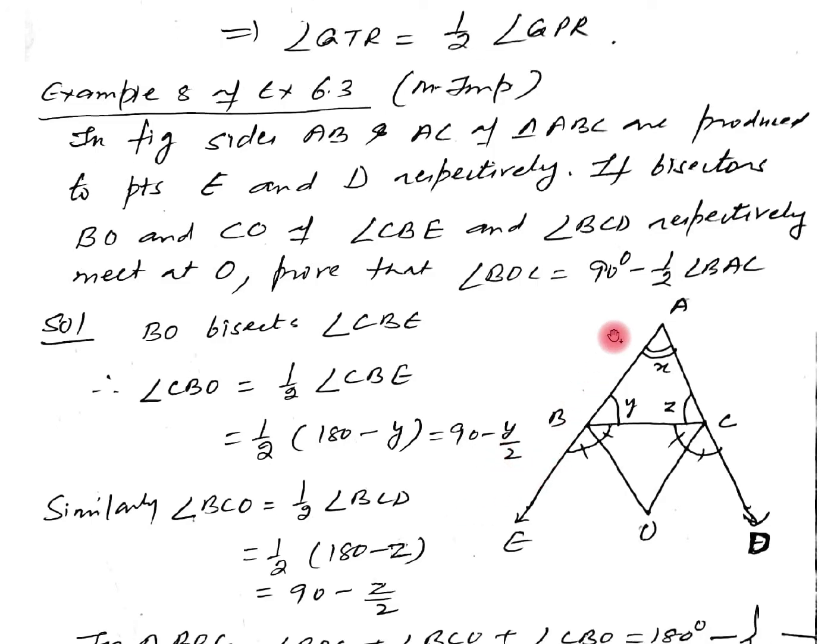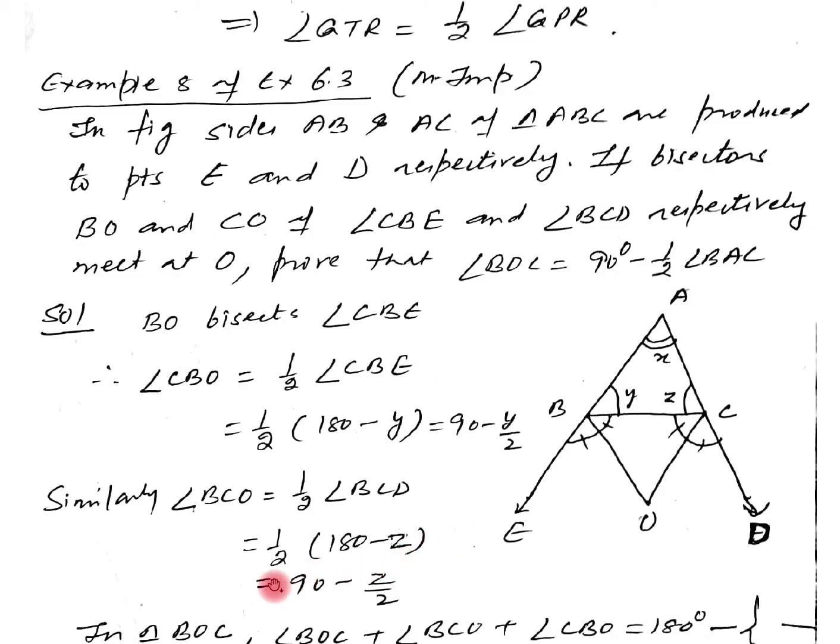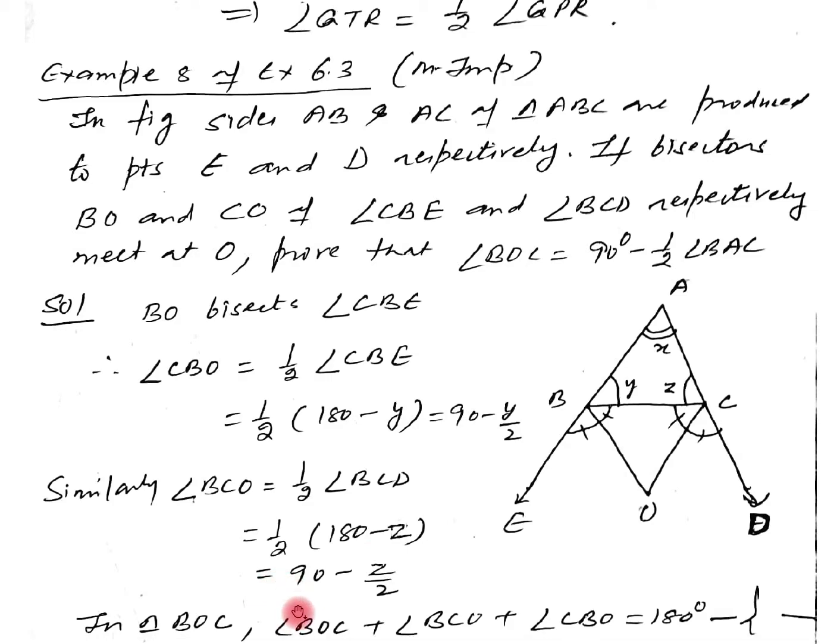Then similarly on this side, angle BCO equals half angle BCD. Then applying the same, the sum of these two angles should be 180 degrees. It is a linear pair. So I can write angle BCO equals half angle BCD, and angle BCD can be written as 180 minus Z. Simplifying, I am getting 90 minus Z by 2.